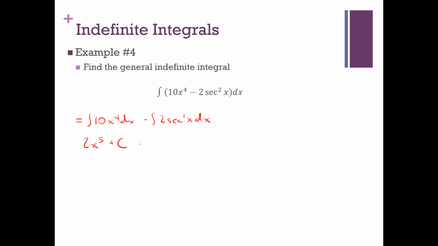Let's see. How about the right term? Minus 2 tangent of x plus some other constant, I'll call it d. Is it weird that I have two constants in here? Really, we can just collect them together. If c is an unknown constant and d is an unknown constant, I'm just going to add them together.